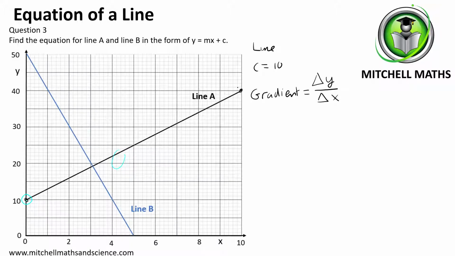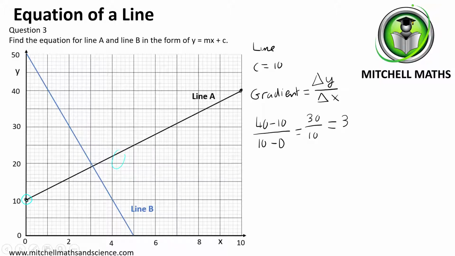Well, I've got 40 take away 10. What's the change in x? Well, my x value here is 10 and my x value here is 0, so it's 10 take away 0. 40 take away 10 is 30, 10 take away 0 is 10, 30 divided by 10 is 3, therefore my gradient is 3.